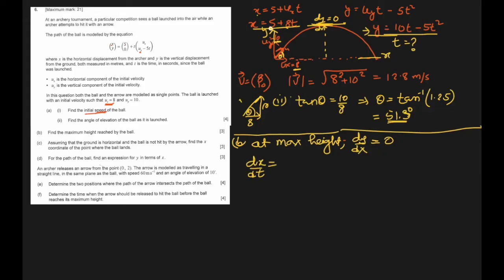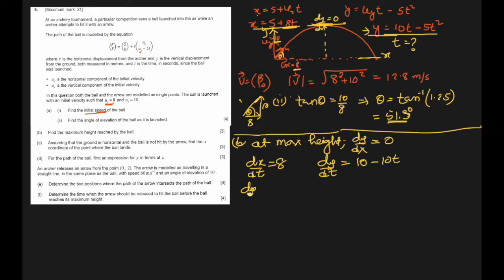Differentiate this. So differentiation of 5 will be 0 and differentiation of 8t is just 8. dy over dt will be the differentiation of this one, which is 10t. Differentiation of 10t is just 10 minus differentiation of this will be 2 times 5, 10 and t.